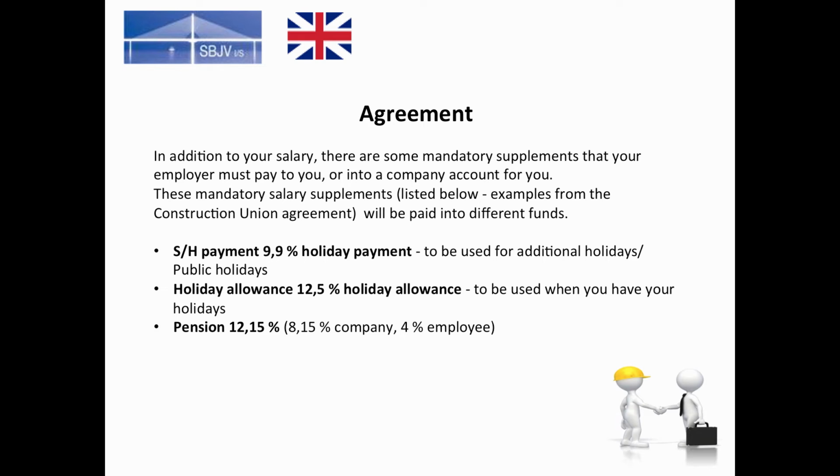SH payment 9.9% to be used for additional holidays or public holidays. Holiday allowance 12.5% to be used when you have your holidays. Pension 12.15%, where 8.15% is paid by the company and 4% is paid by the employee.